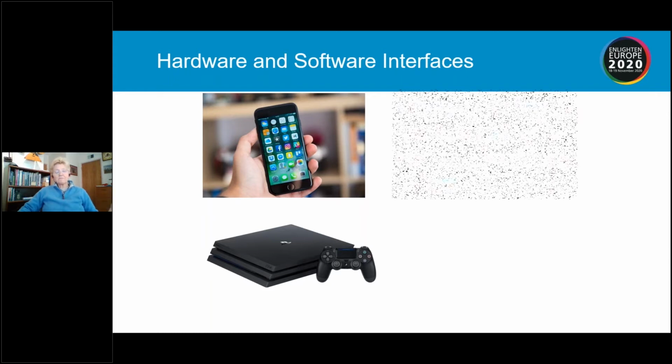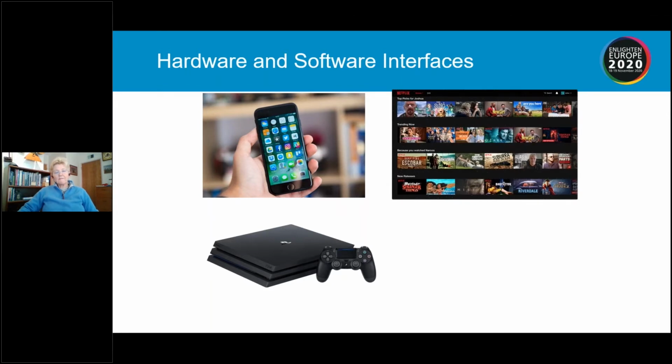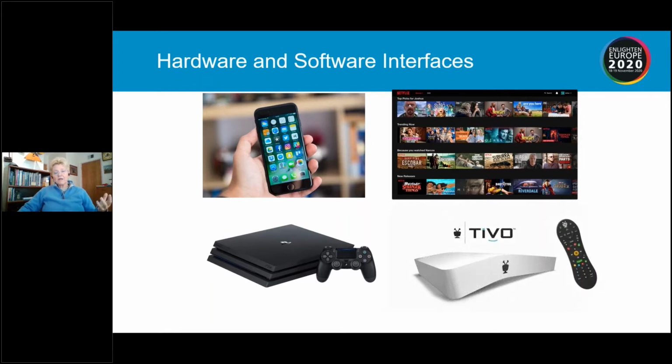It could be a streaming service, and is that interface easy to work with? That one happens to be more software-based, but in the case of TiVo, for example, they spent a tremendous amount of time designing this remote control to work with their TiVo service. And this remote control, which they call the Peanut, there's a whole story.